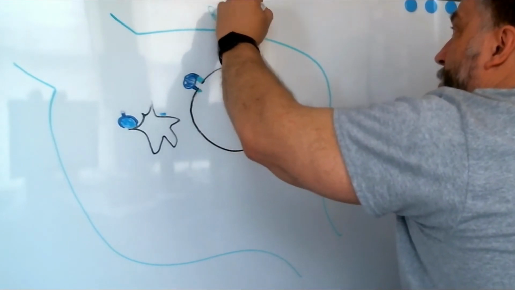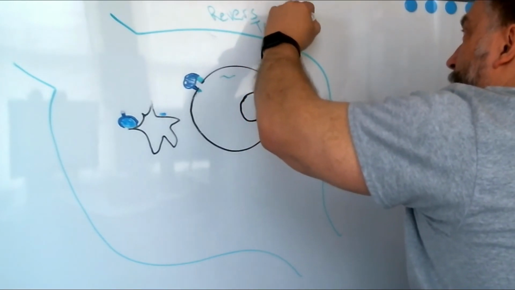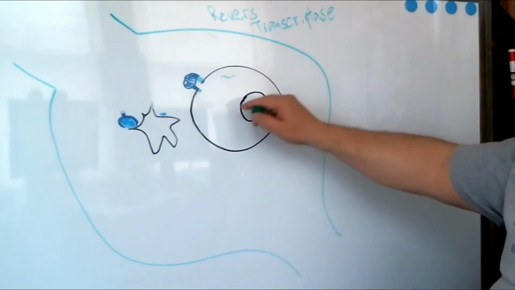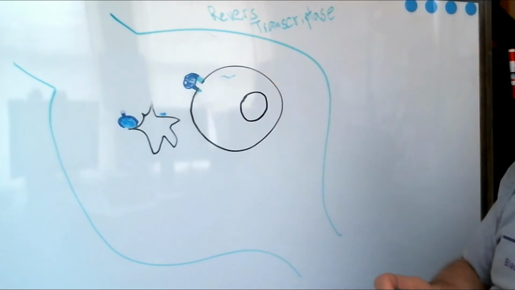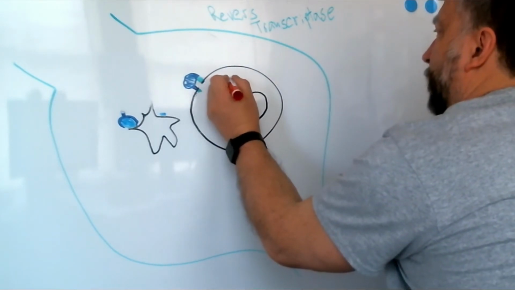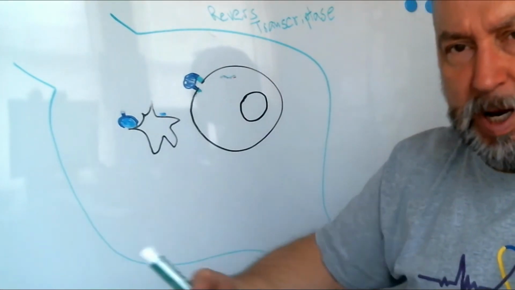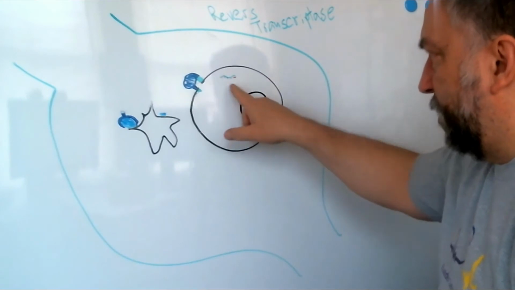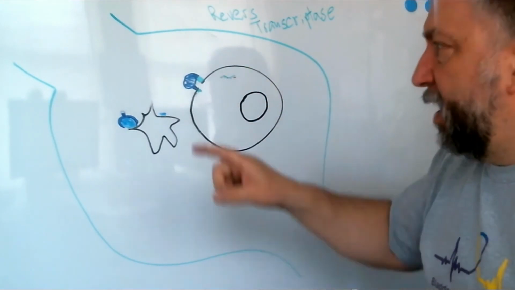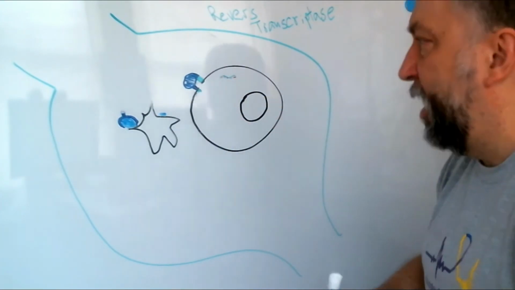This is an enzyme that comes in here and attaches to the RNA, and it looks for nucleotides in the cell here and grabs them, pulls them in so that it can use this RNA as a template to create a strand of DNA.